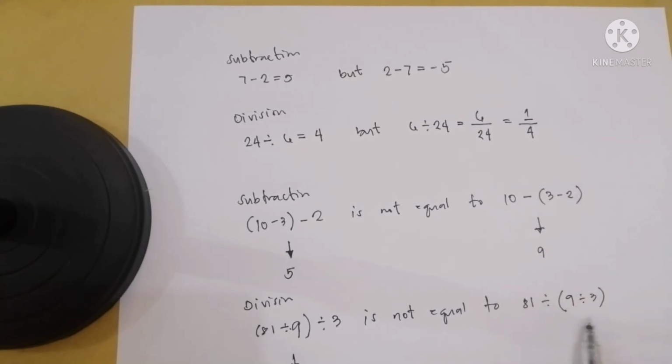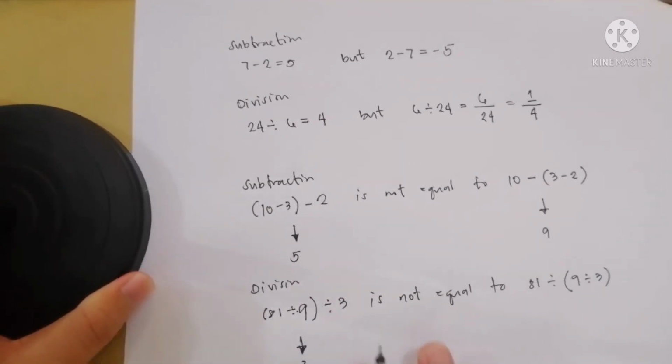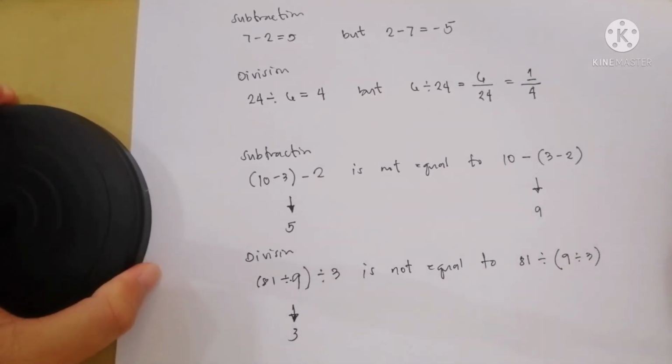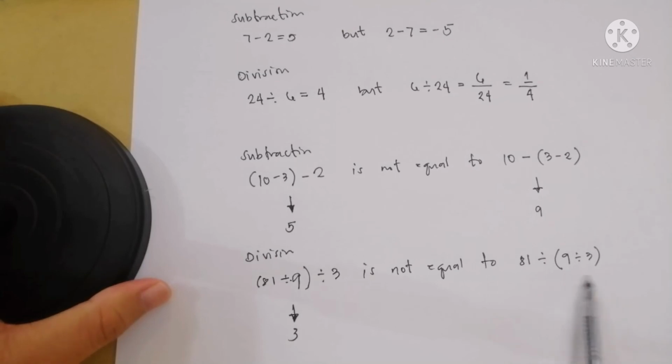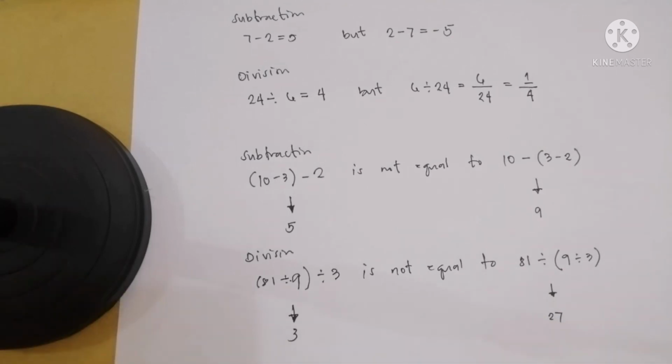Here, you will first do the parenthesis. So 9 divided by 3 is 3, and 81 divided by 3 is 27. So, it's very far apart. Therefore, we could say that subtraction and division are not commutative nor associative.